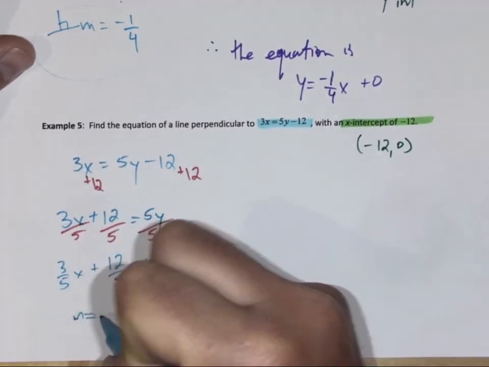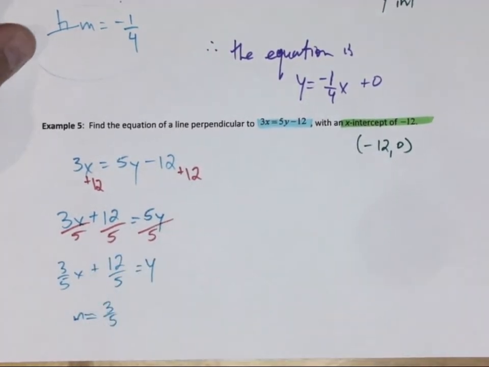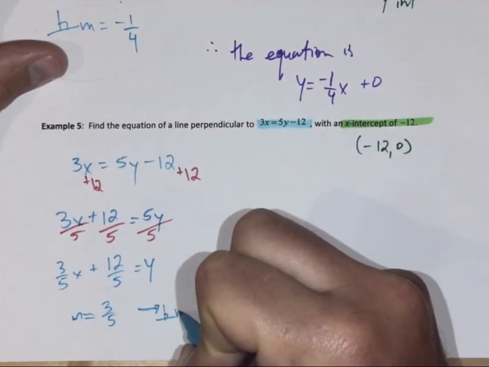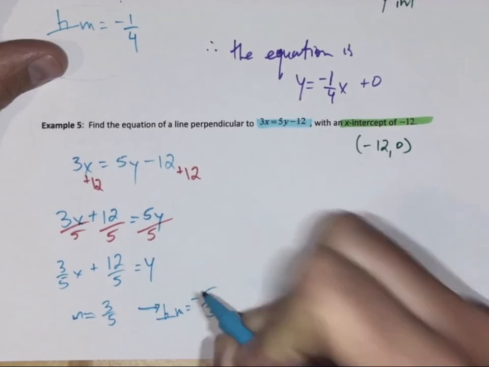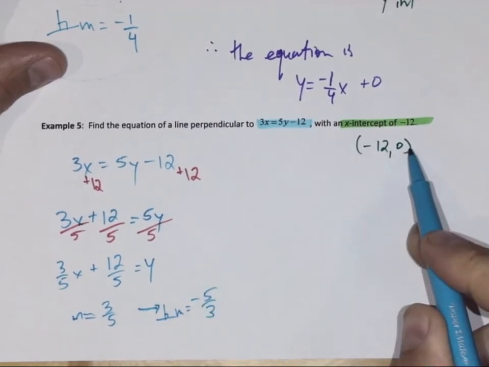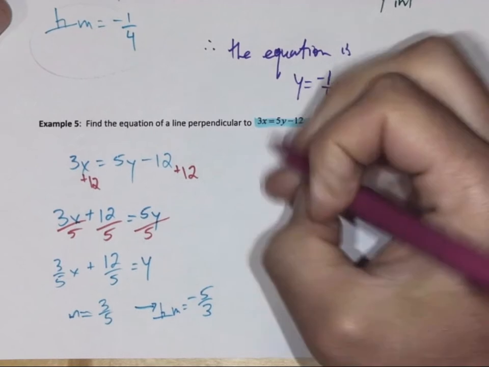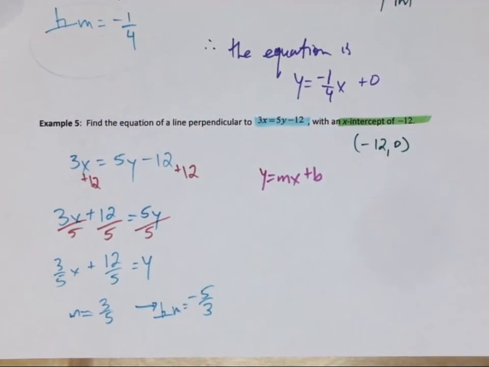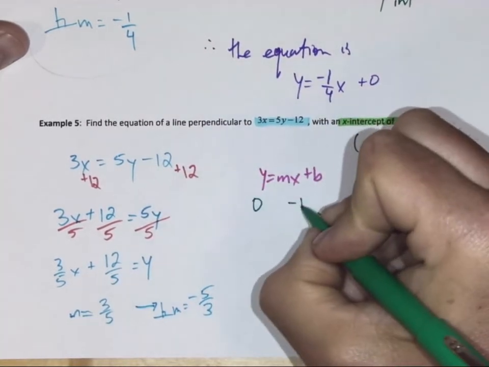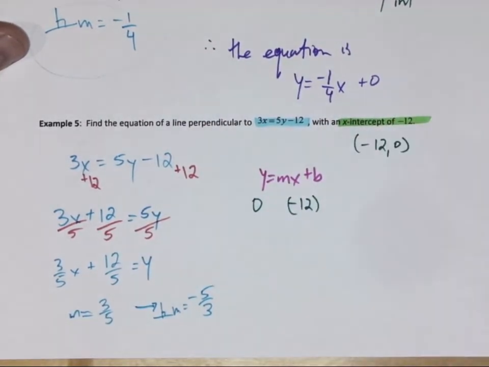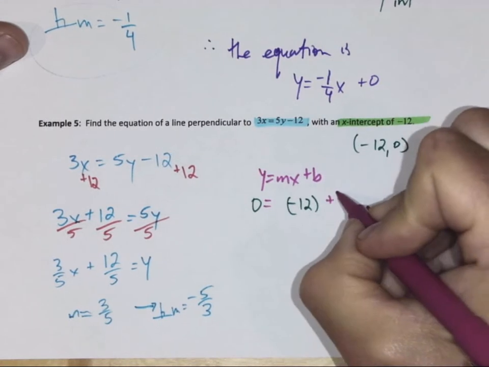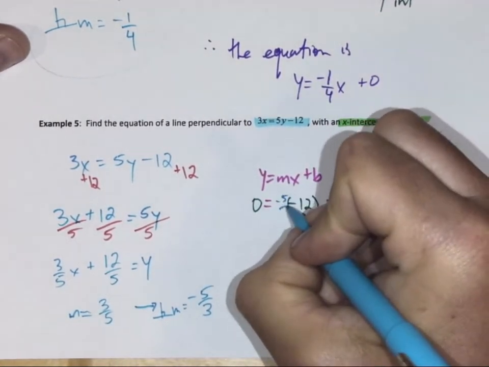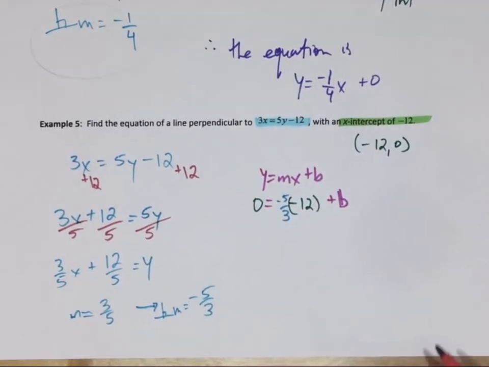So our slope is 3/5. If we want the negative reciprocal, the perpendicular slope is going to be negative 5/3. We're going to use that with the point we have, sub it into y equals mx plus b. Okay.